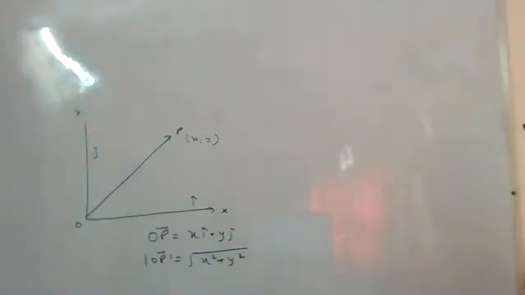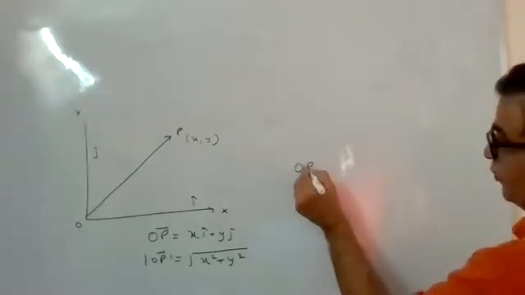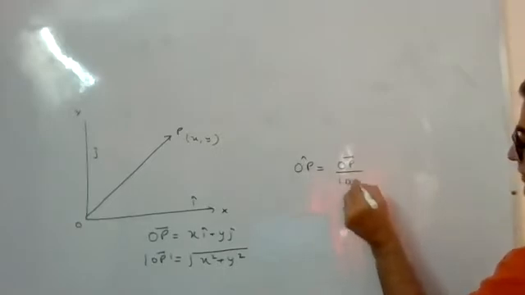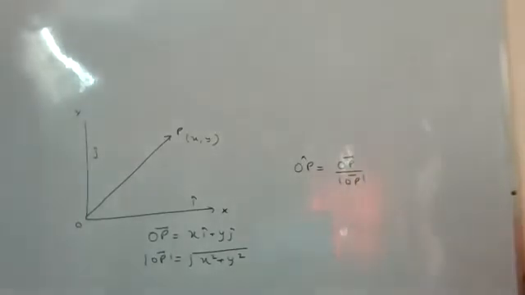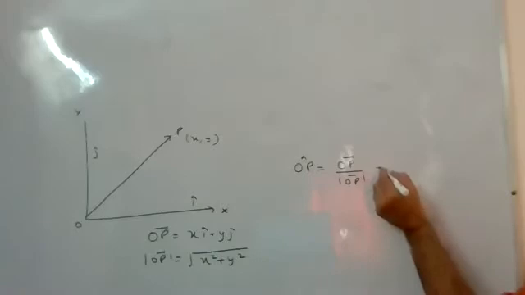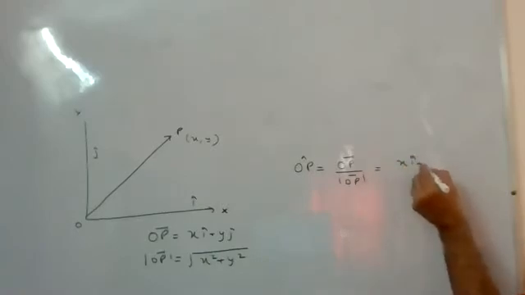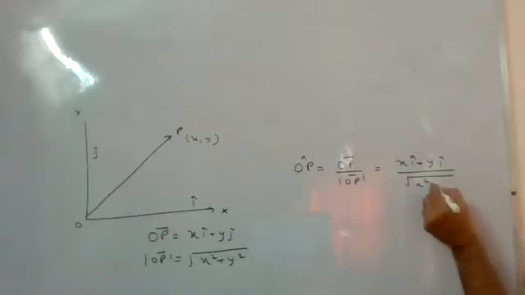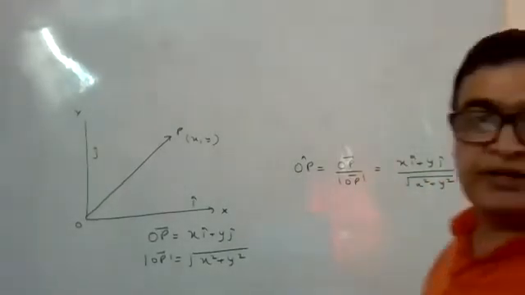Then the unit vector, OP cap, will be the vector divided by its magnitude, that is xi plus yj by under root of x square plus y square. You should remember this.